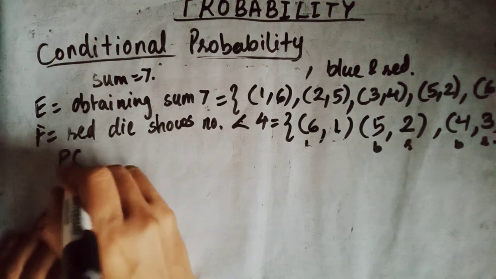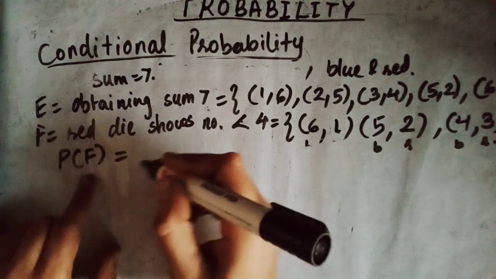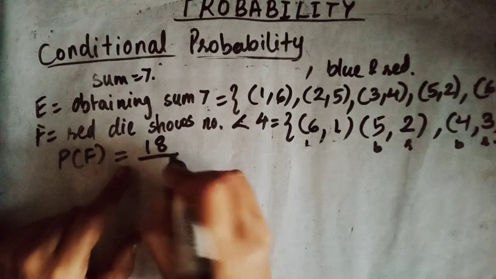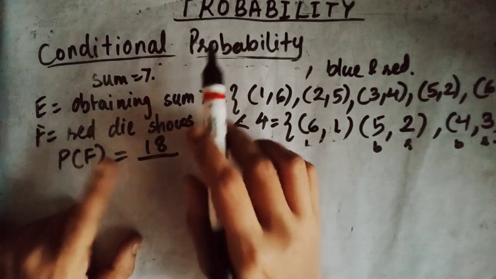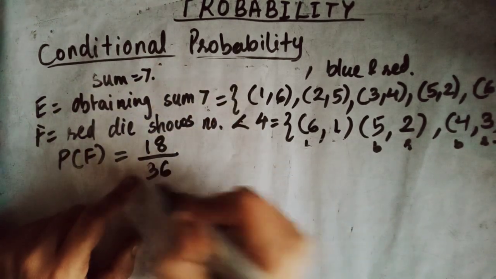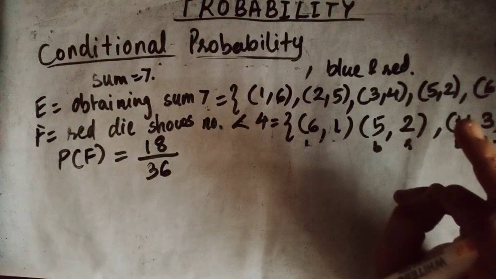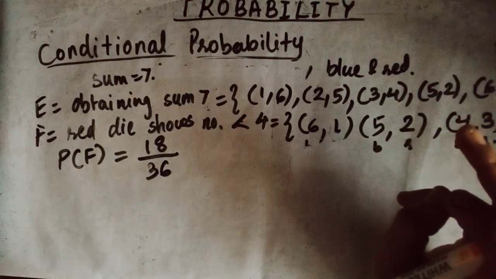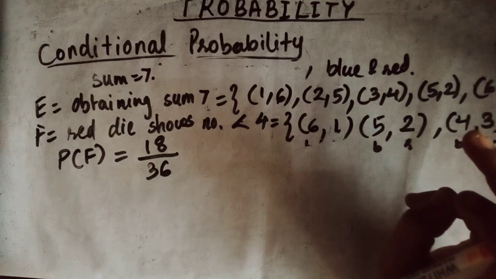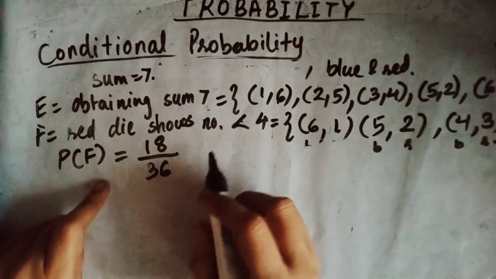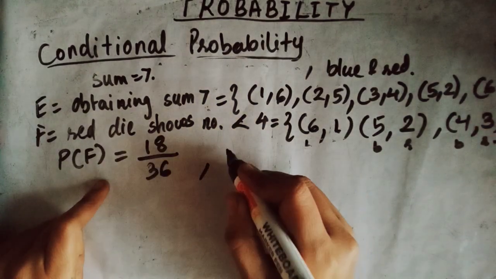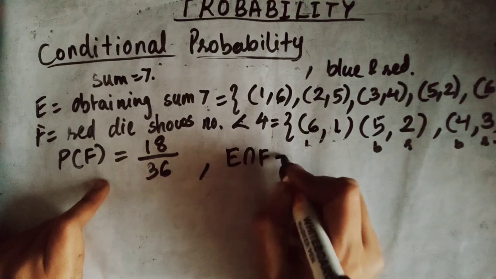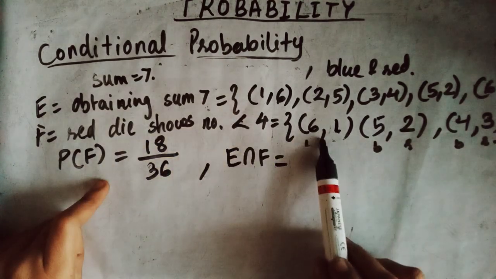So your P of F will be 18, and our sample space is 36, right? Because 2 dice are rolling, so it will be 18 by 36. And then we have to find E intersection F event. So only 3 are there, right?